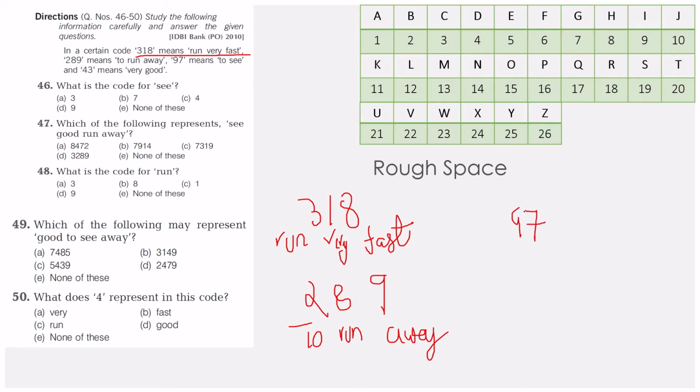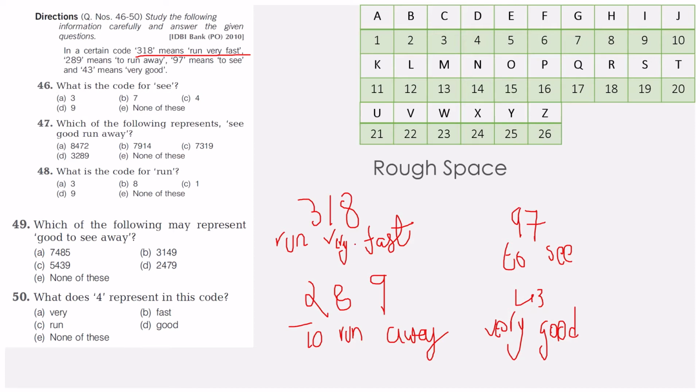So 97 is for 2 and C. Okay, this is a passage-type question. 43 means very good.